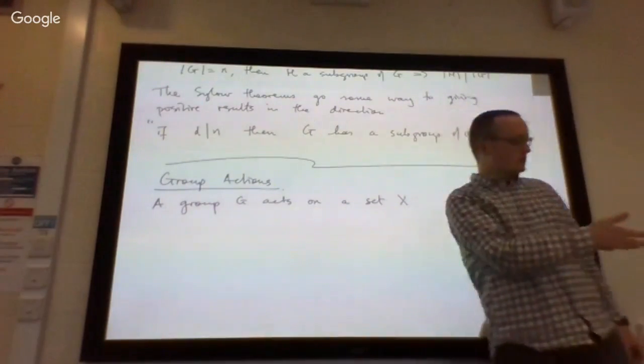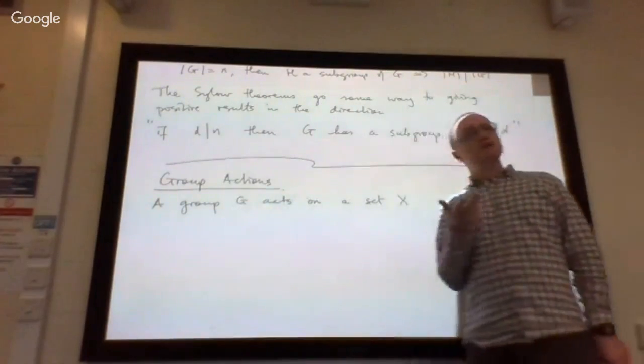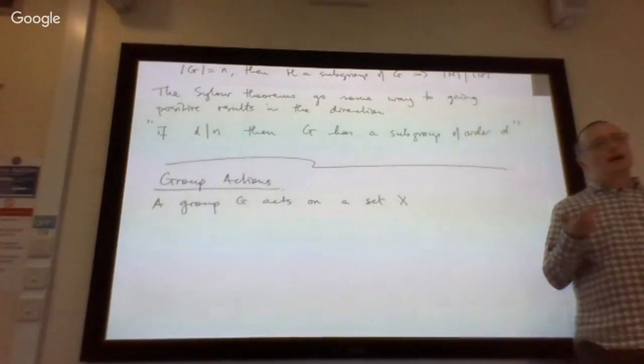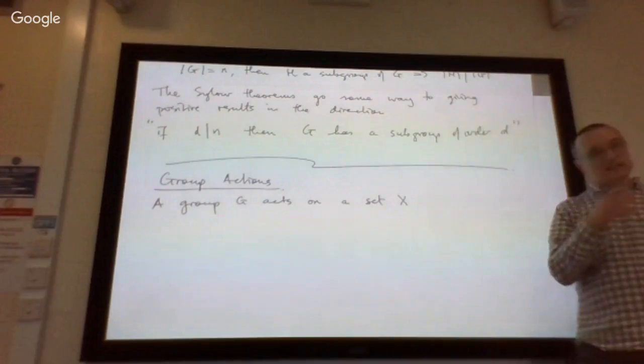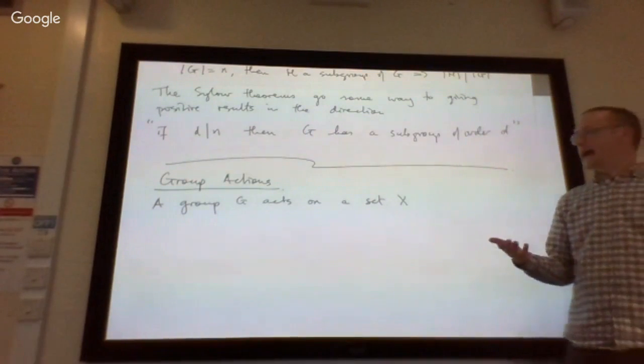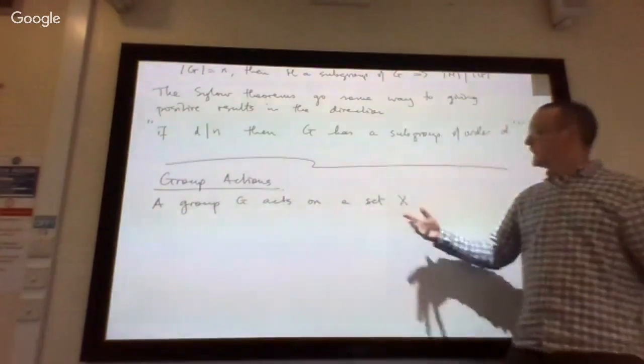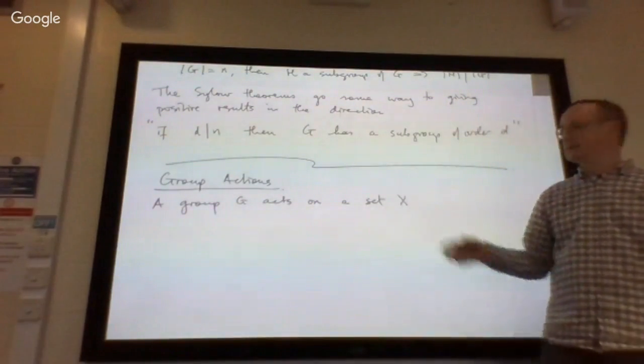Or there's another example that we're going to look at soon where G is a group of 2 by 2 matrices. 2 by 2 matrices, we know, are naturally associated to linear transformations of the plane, the two-dimensional vector space. So in that case, we're going to have the group of 2 by 2 matrices acting on the set of points in the plane.